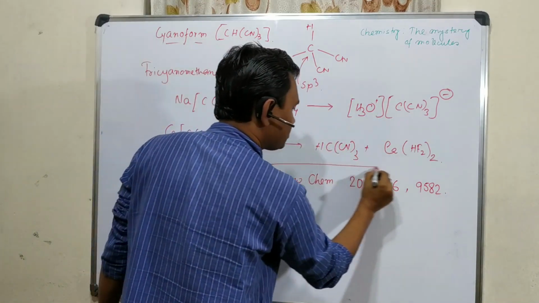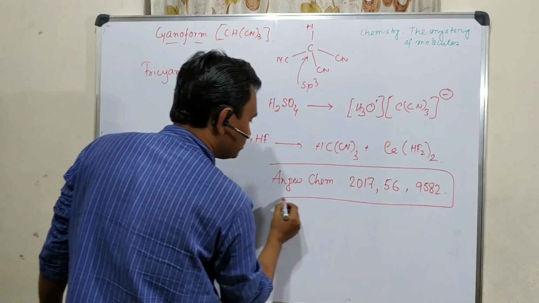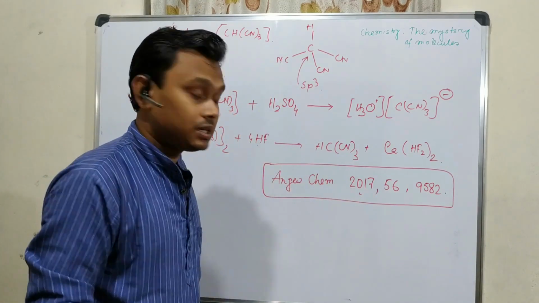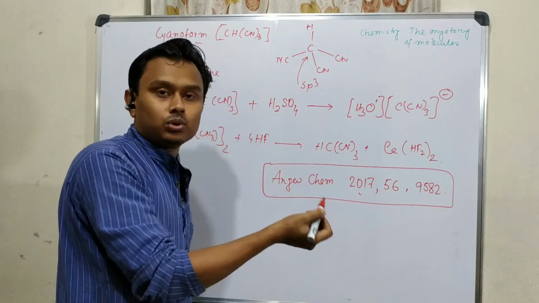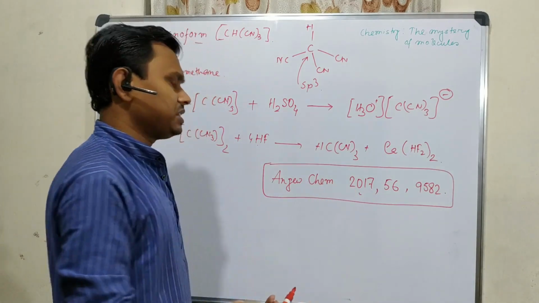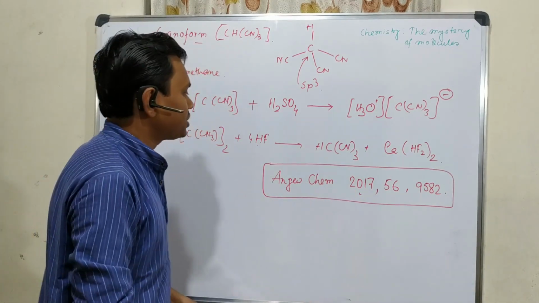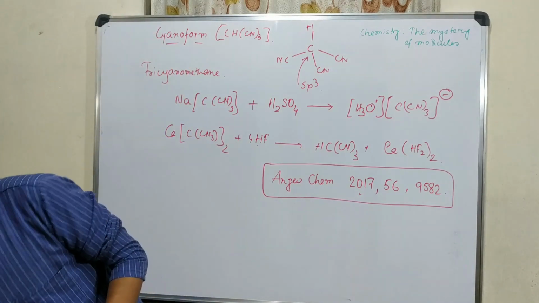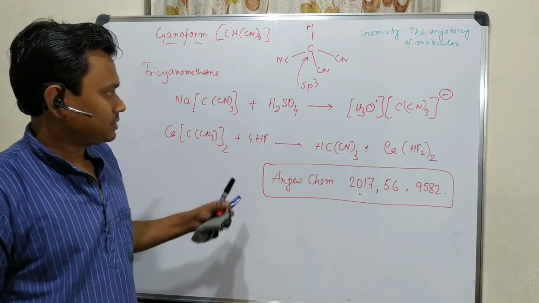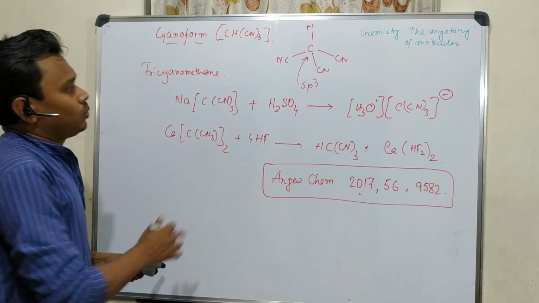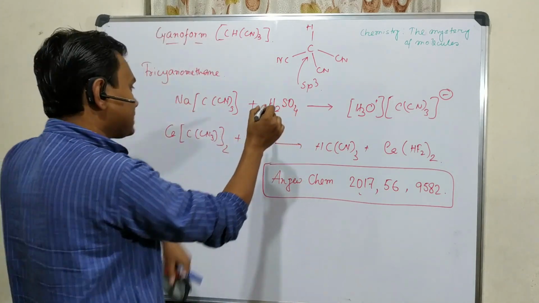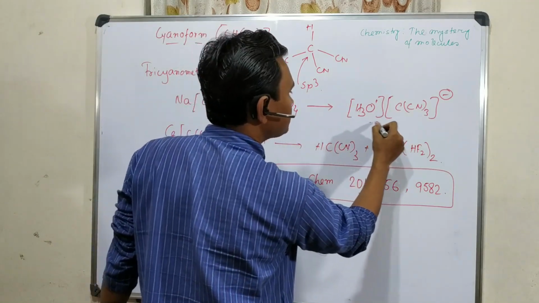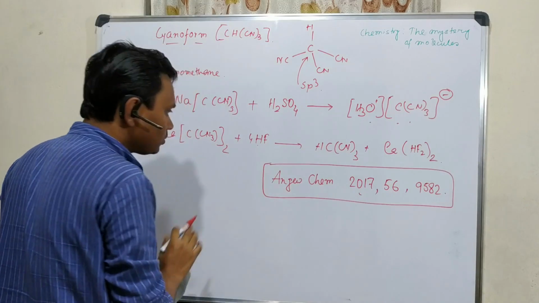Because I believe you should keep this reference. If you want to read about this, it is one paper recently published in 2017, so you can go through the paper, because I guess it is difficult to get information about this molecule in books. So this molecule's synthesis was reported, and when treated with sulfuric acid and evaporation, it produces this salt.